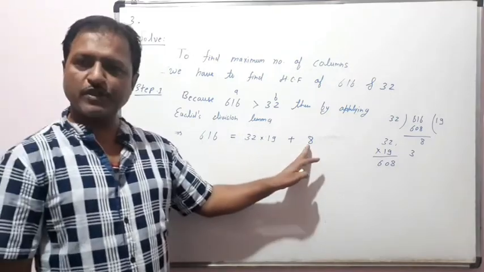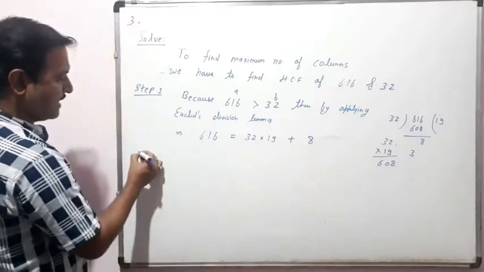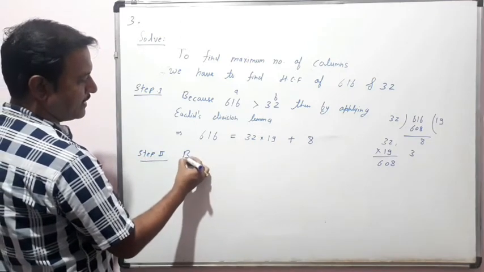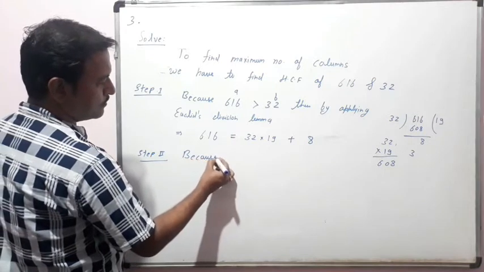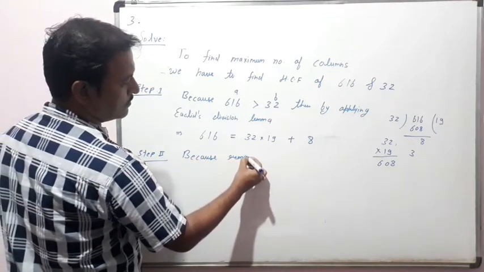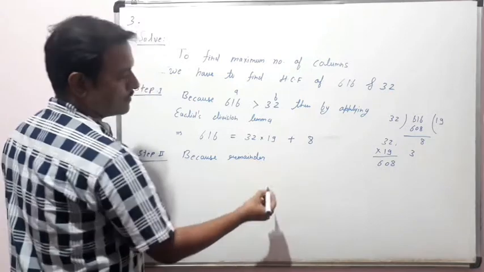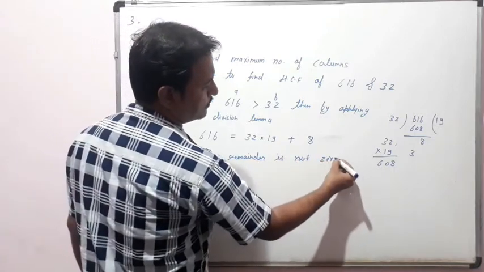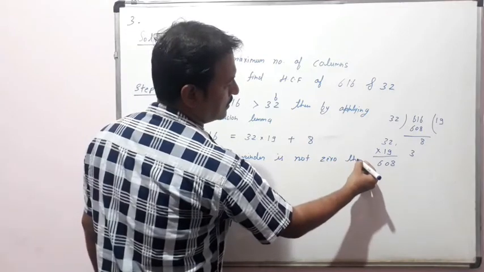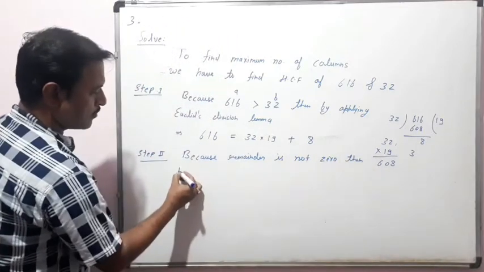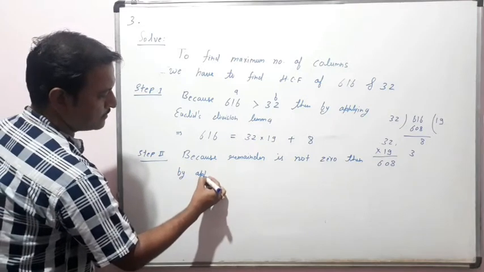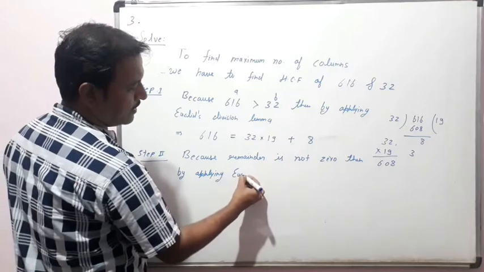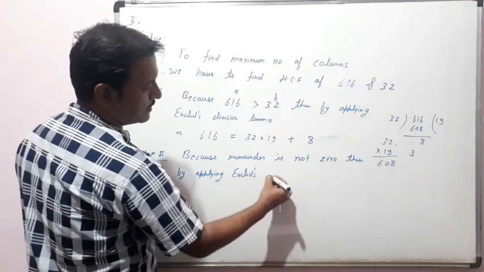The remainder is not 0 here. So what we write? Step second is, because remainder is not 0, thus by applying Euclid lemma in 32 and 8.